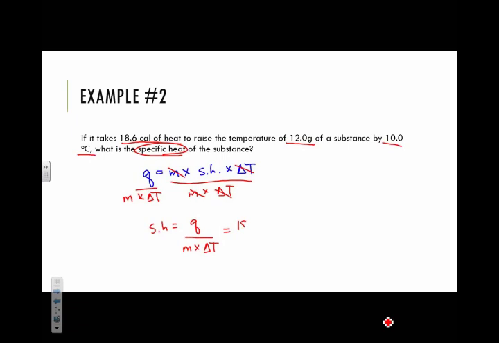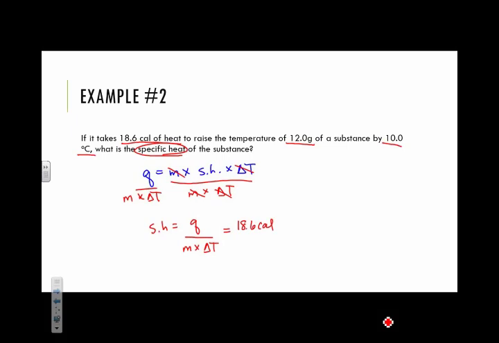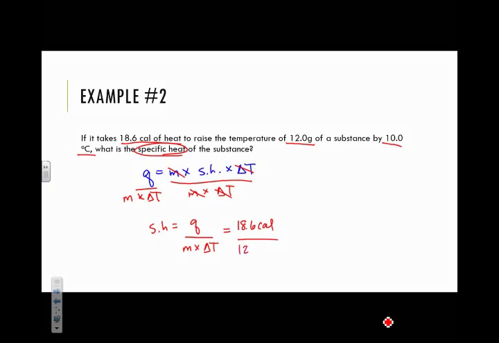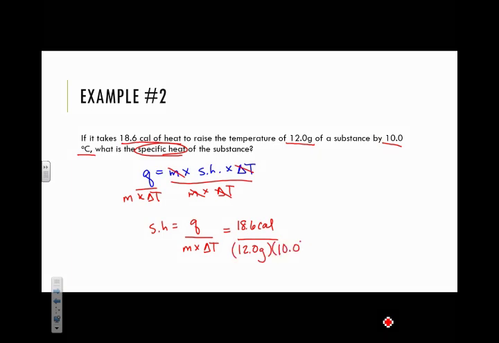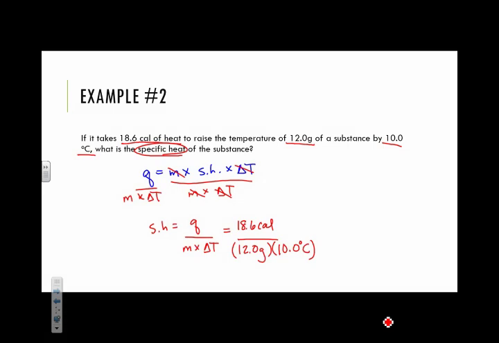So my heat was 18.6 calories, my mass was 12.0 grams, and my change in temperature was 10.0 degrees Celsius. When we plug that into our calculator, 18.6 divided by 12 and divided by 10 gives me 0.155.